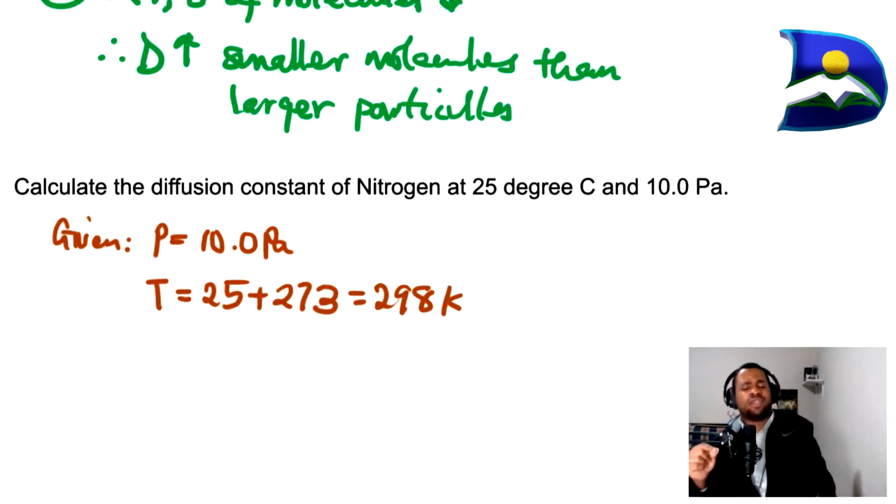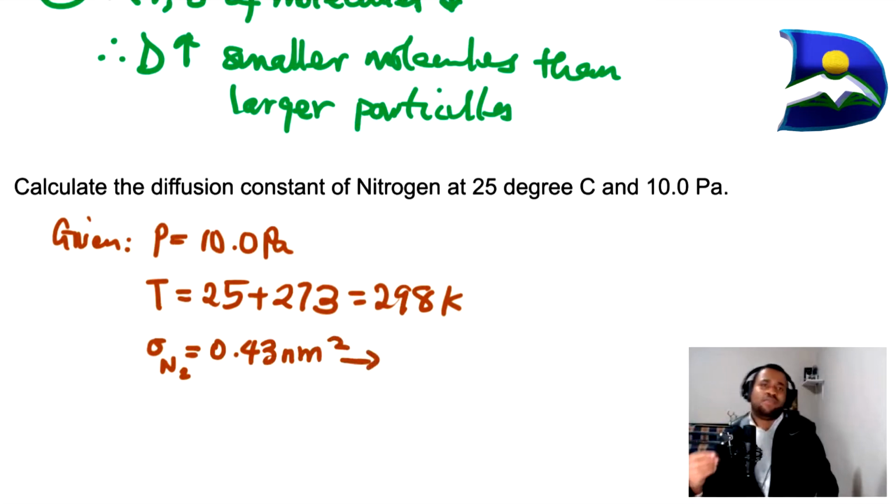Next, we need the cross-section area of nitrogen gas, which is around 0.43 nanometer squared. To convert this, we multiply by 10 to the power of negative 18 meters squared, in order to convert from nanometer squared to meter squared.